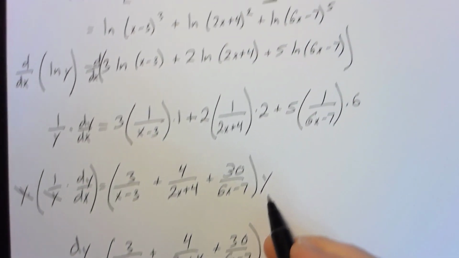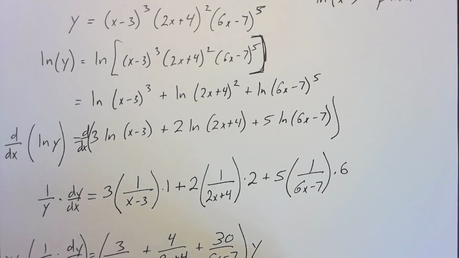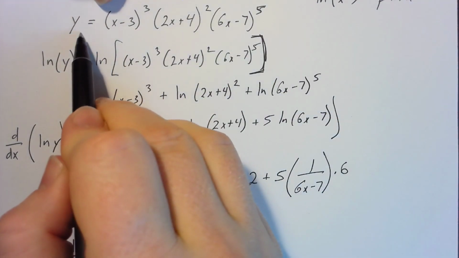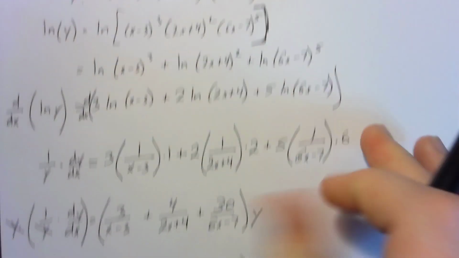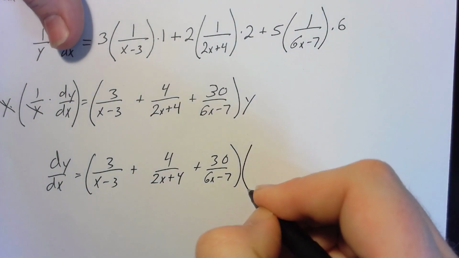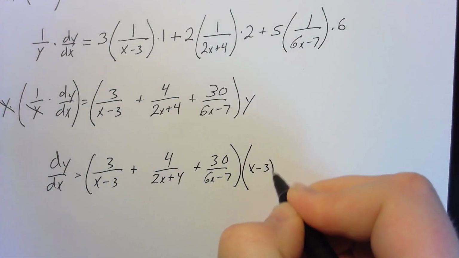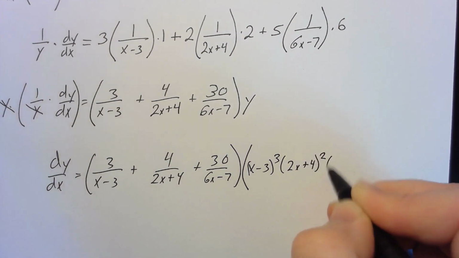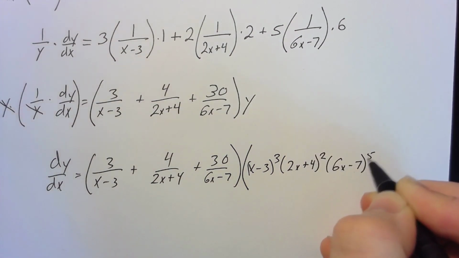But I'm going to backtrack here and recall that my y is this entire function. Because I know what y is equal to in terms of x, I should replace y with what it is in terms of x. So it is multiplied by x minus 3 cubed times 2x plus 4 squared times 6x minus 7 to the power of 5.